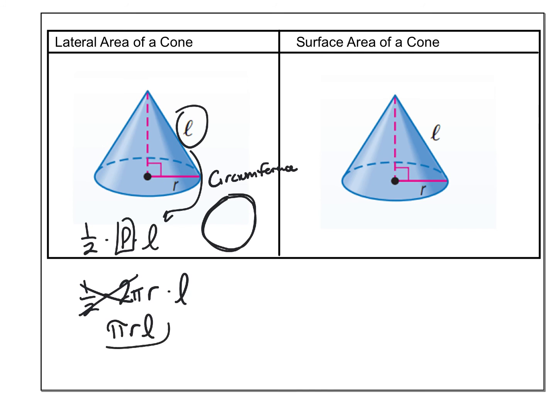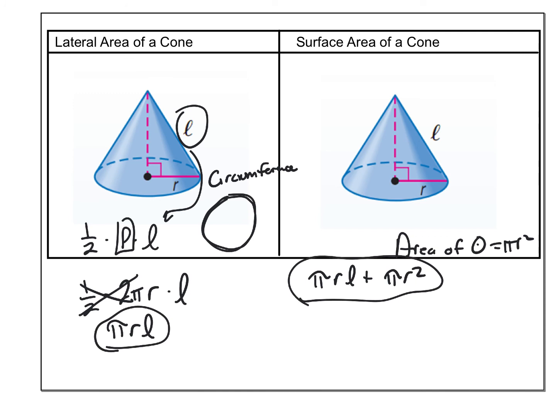So my lateral area ends up being just pi times the radius times the slant height. And my surface area becomes pi RL plus, how do you figure out the area of a circle? Pi r squared. So it just becomes pi r squared. So these two should go in your note sheet. Lateral area, pi RL. Surface area, pi RL plus pi r squared.